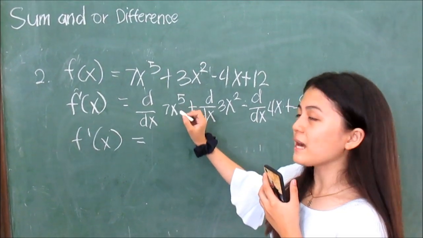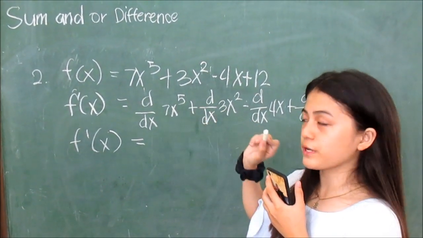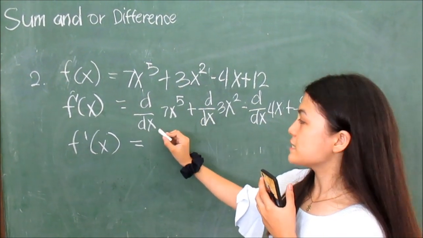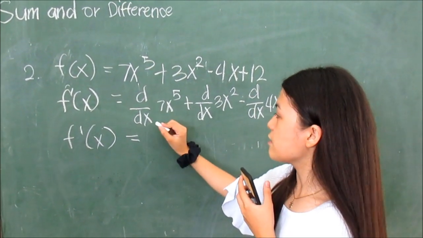So we have to transfer the exponent to beside the 7.